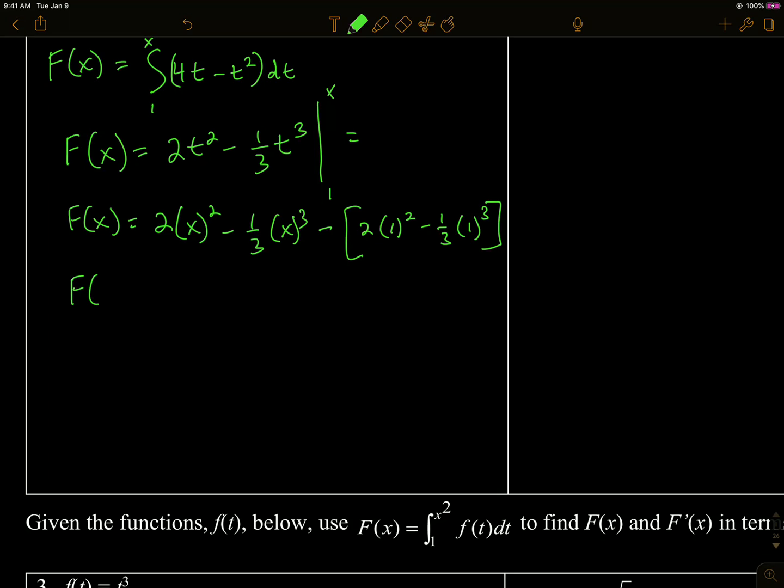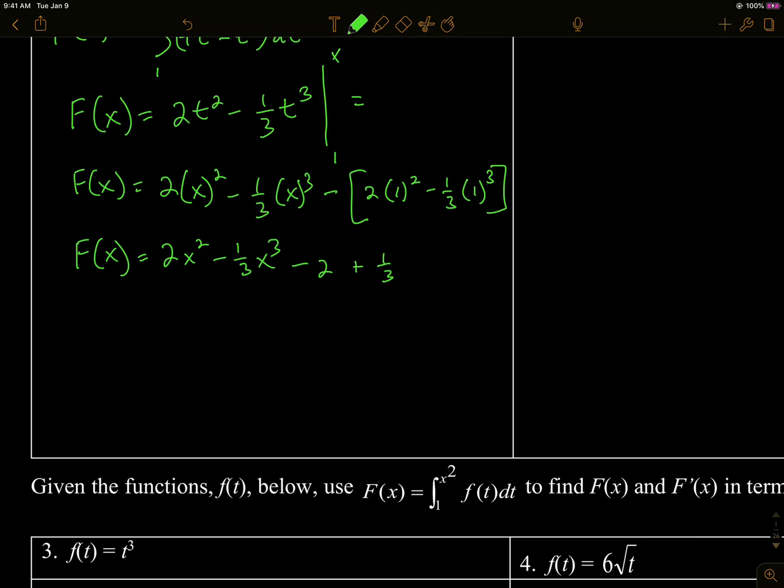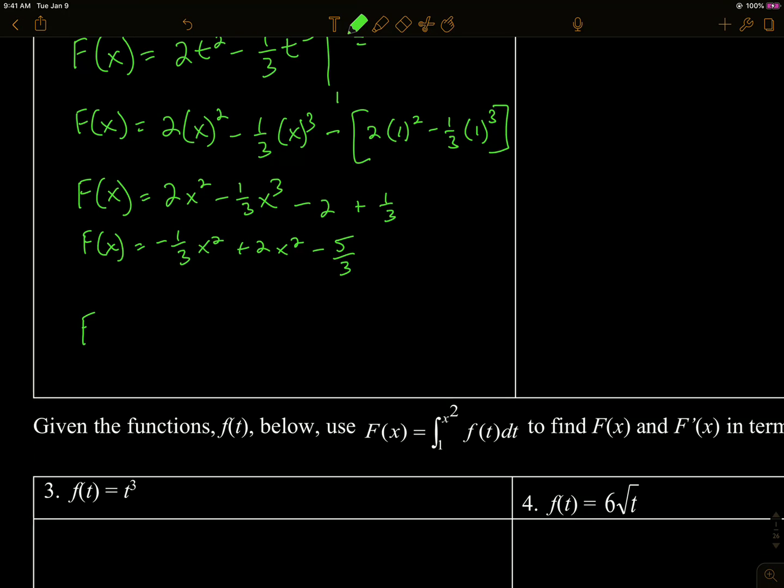So when we simplify that, capital F of x is going to be equal to 2x squared minus one third x cubed, and then we've got minus 2 plus one third. If we write that in a better order, capital F of x is equal to negative one third x cubed plus 2x squared minus 5/3.